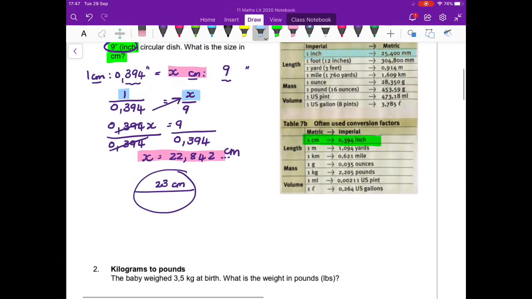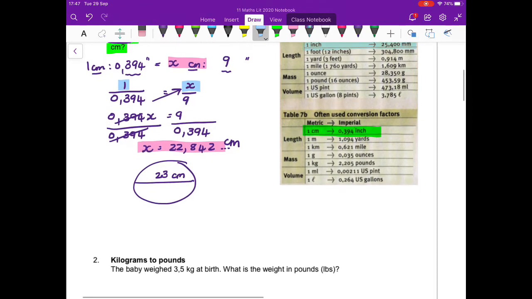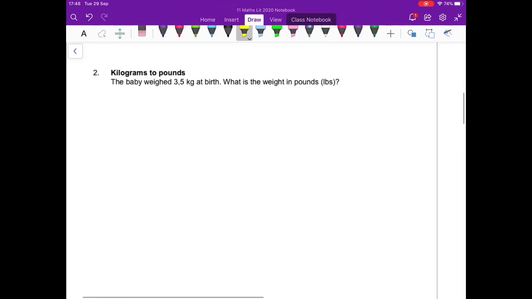So I go back to my table and I look for pounds. So let's just highlight that. I'm going to look for pounds and grams. I'm going to use this one. 1 pound is 453,59 grams. So again, I write down my fact, which is 1 pound is equal to 453,59 grams.